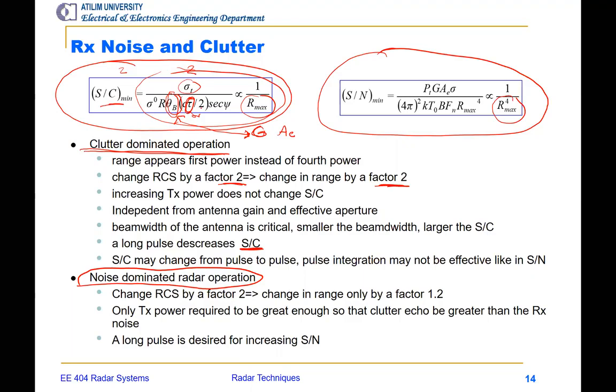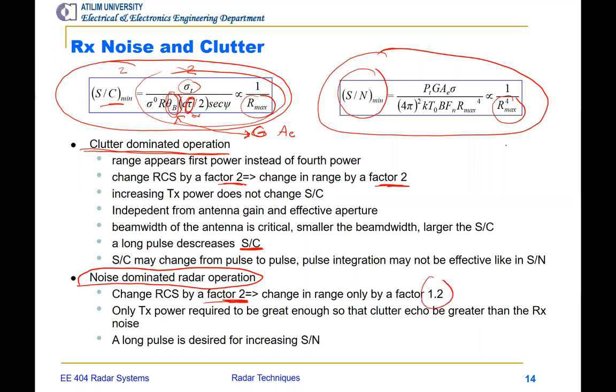And signal to clutter ratio may change from pulse to pulse, and pulse integration may not work just like in SNR case. On the other hand, in noise-dominated radar operation, as we know, a change of RCS by a factor of 2 changes the range only by a factor of 1.2.